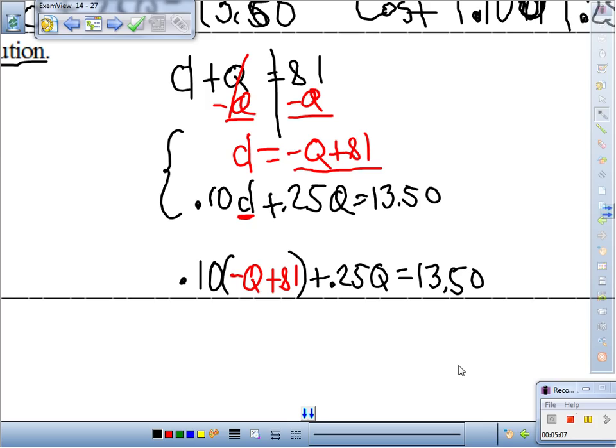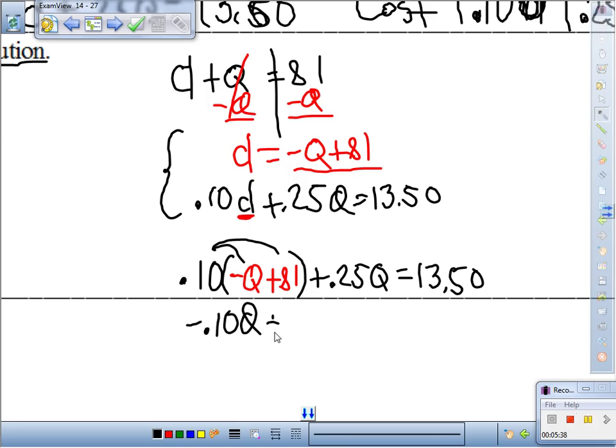Can focus. Distribute, so we end up with negative 0.10Q minus, what is 0.10 times 81? What is it? Oh, and it's a positive, my bad.